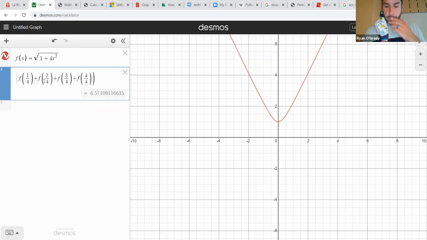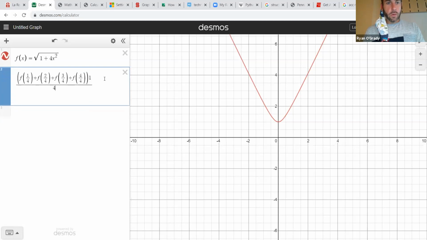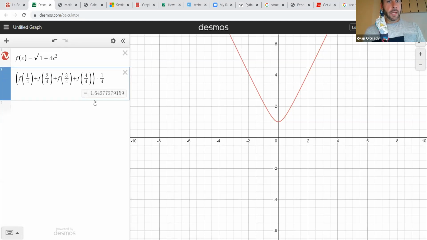And then I have to put the whole sum in parentheses, because every one of them has that delta x, which is 1/4. And when I do that, the calculator adds them all up for me, and I get 1.642.